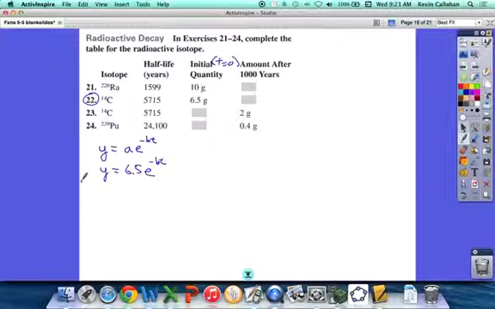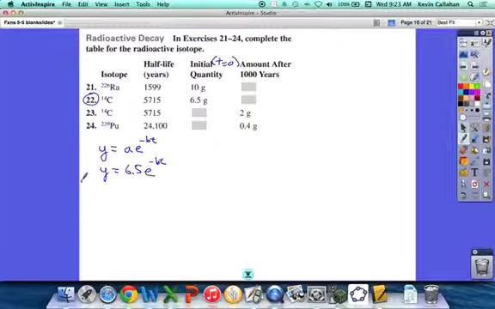Okay, now, what is a half-life? What does it represent? Is it a distance? Is it an amount of something? Is it a time? It's a time.